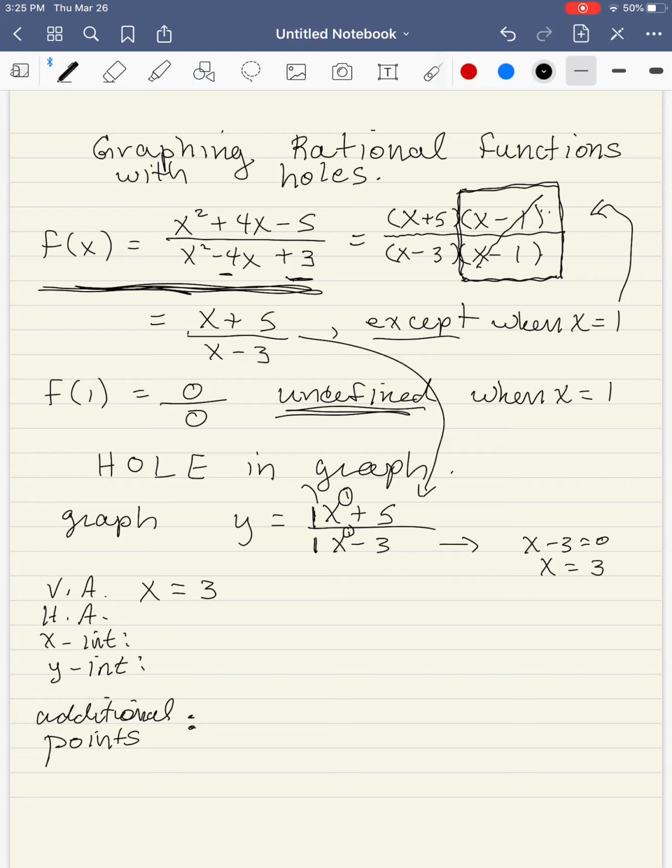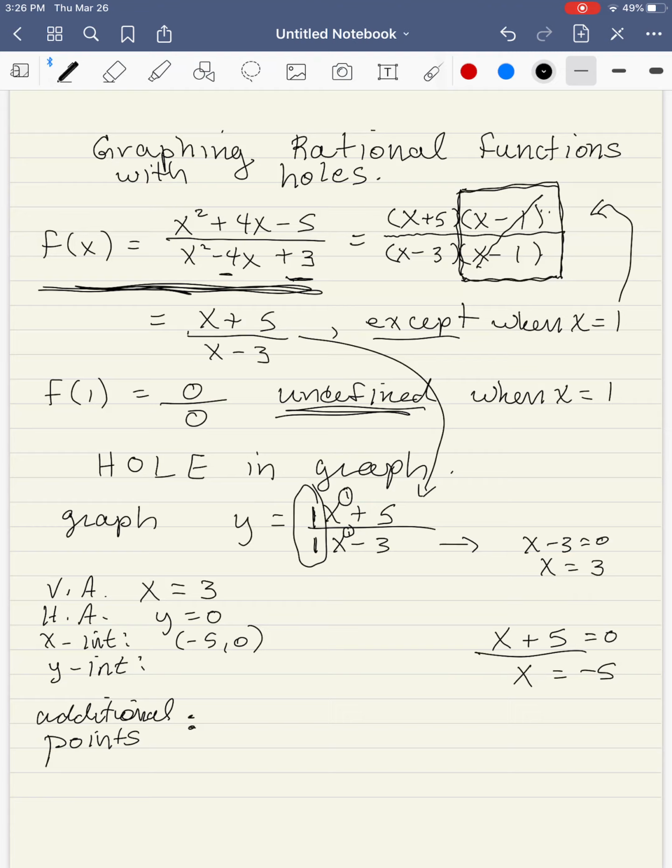So that tells me I'm going to look at the coefficients. I have an understood 1 over an understood 1. For my x-intercept, I'm going to set the numerator equal to 0, and I get x equals -5. So I have the ordered pair -5, 0.